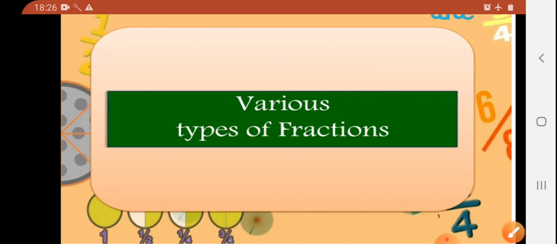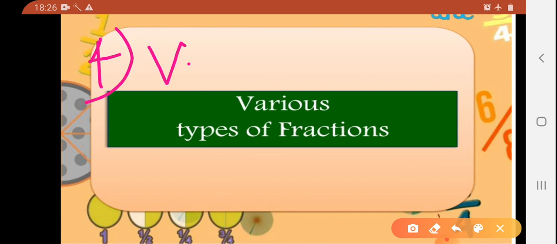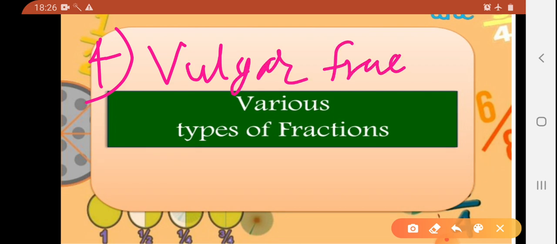In a vulgar fraction, the denominator is other than a power of 10 or a multiple of 10.